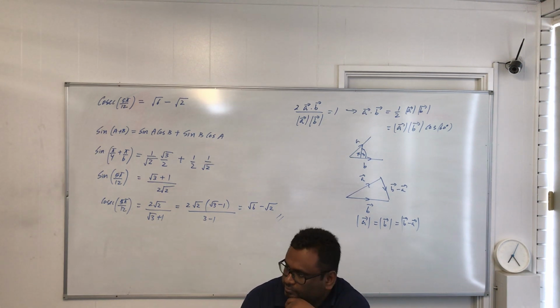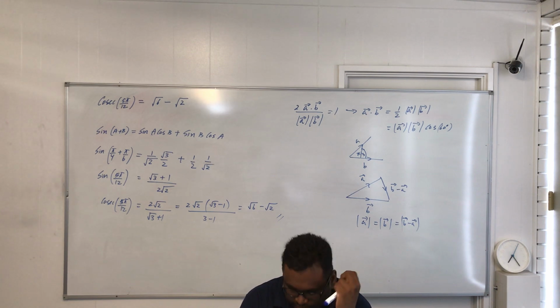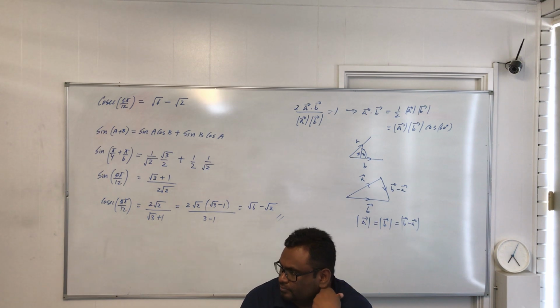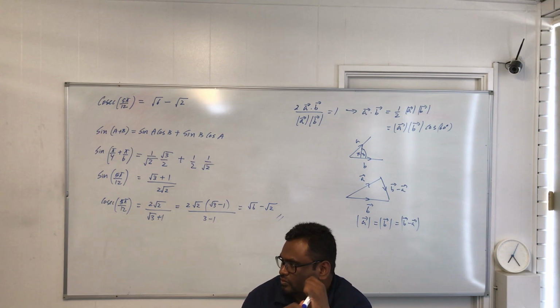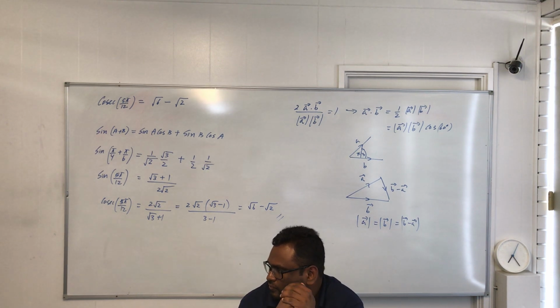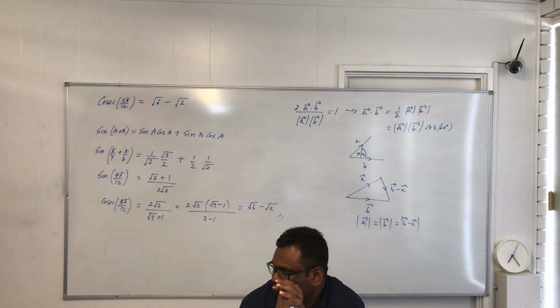Then it's E or something. Cos. How do you find the angle between them? Does it matter? No, it's cos theta, because you know the values of the sides.